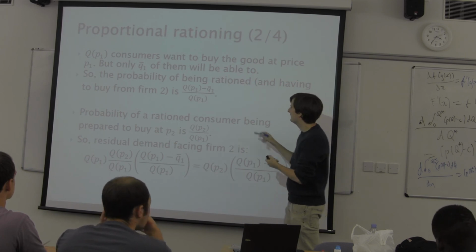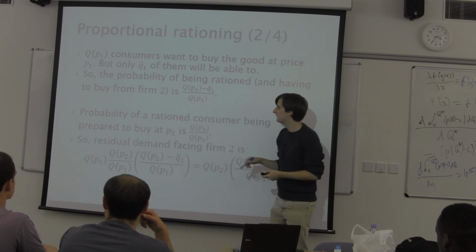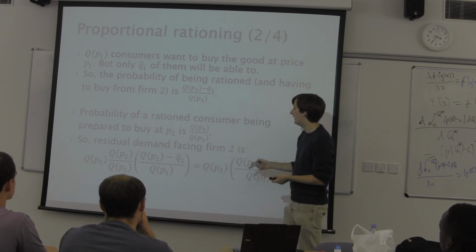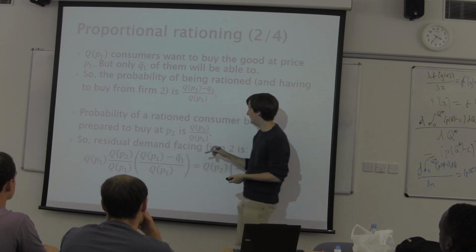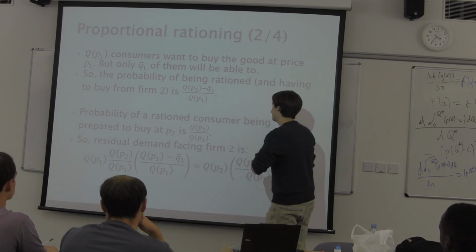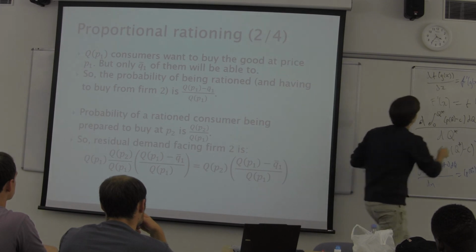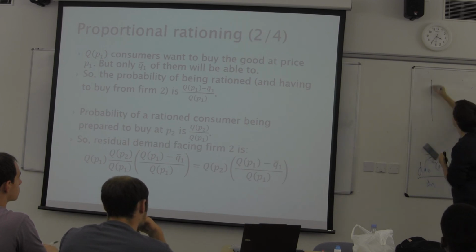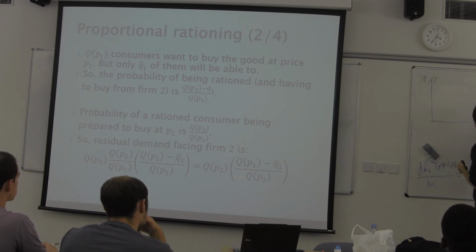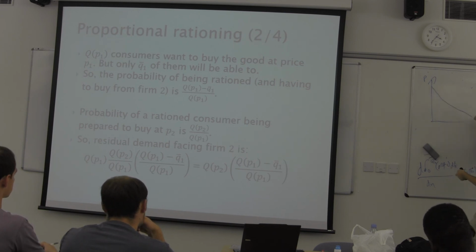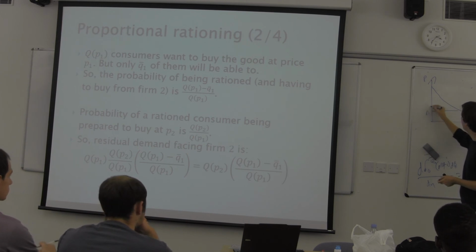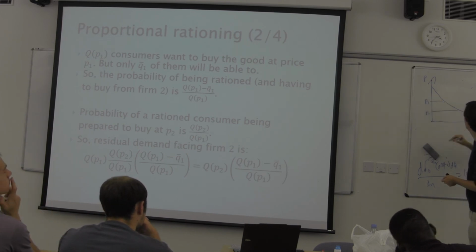So if you get rationed, you're then going to consider buying from the second firm. The second firm is charging some price P2, and let's draw a demand curve. Here's quantity and the demand curve, with P1 low, and P2.